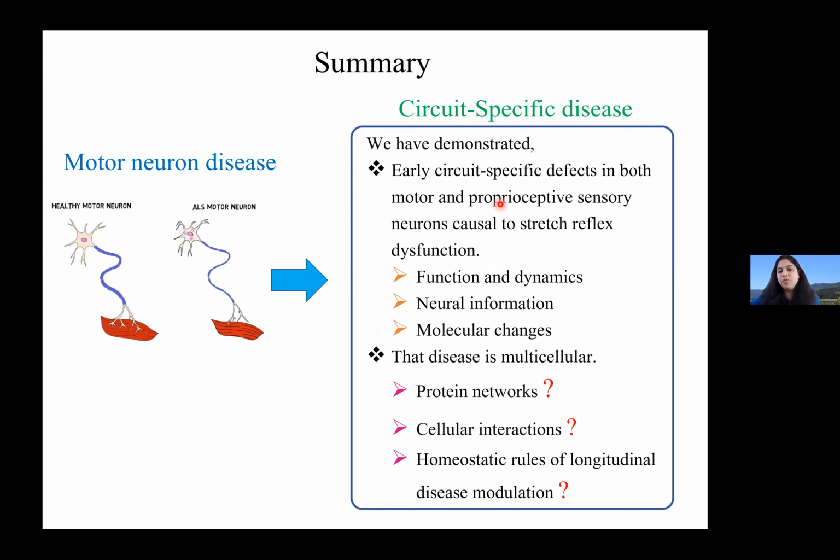So it not only involves motor neuron dysfunction, but also the sensory dysfunction that we have observed. That then led to reflex dysfunction, which was predicted by a model that I couldn't show you, but I can come back to that in a different talk. Overall, it looks like there are changes to the function and the dynamics. I also had something to tell you about the neural information processing, and we also saw molecular changes as well. Again, there are several questions that remain unanswered, and I can discuss that a little bit later.